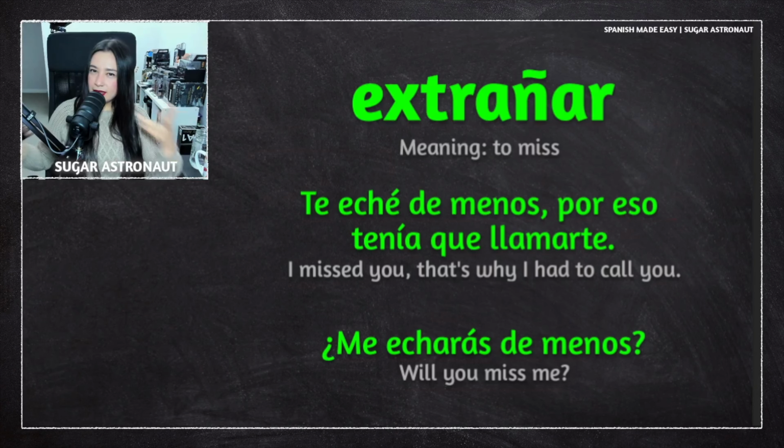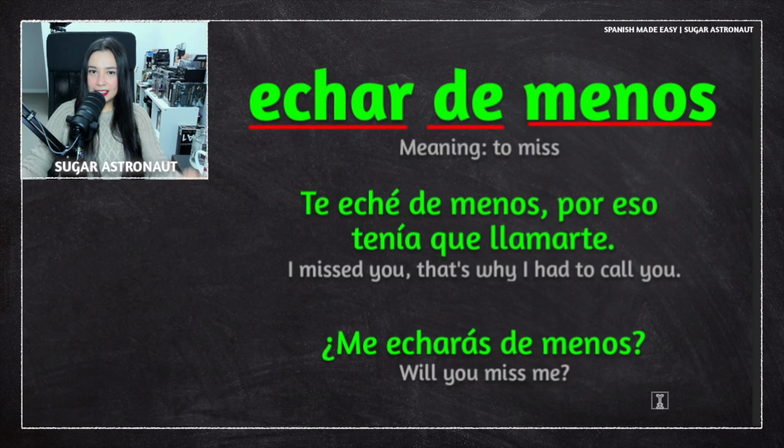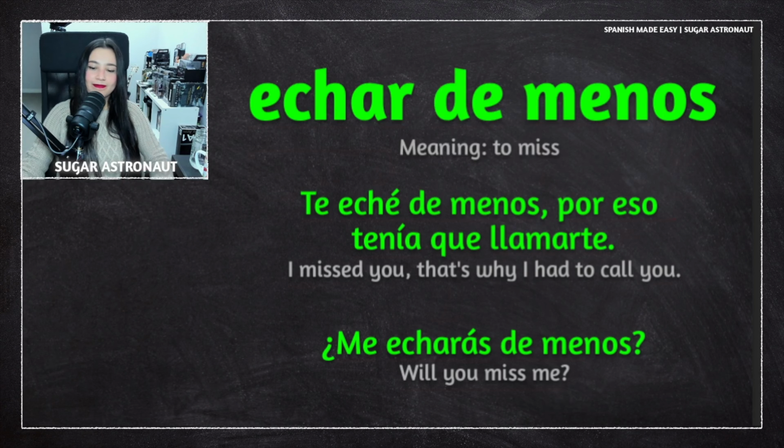But if you want to spice it up a little bit, if you want to add more to your Spanish vocabulary, you can use the phrase echar de menos. Echar de menos, and that means also to miss. Very good. I really like this phrase, definitely.